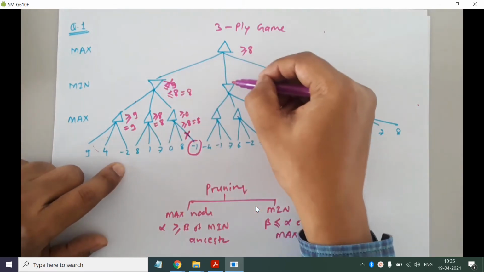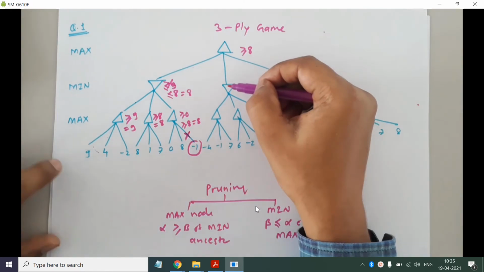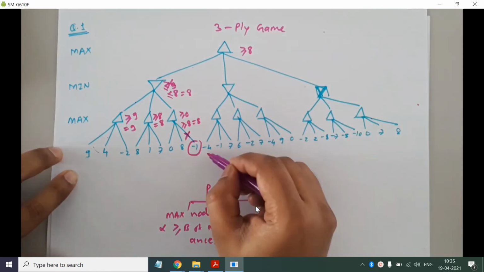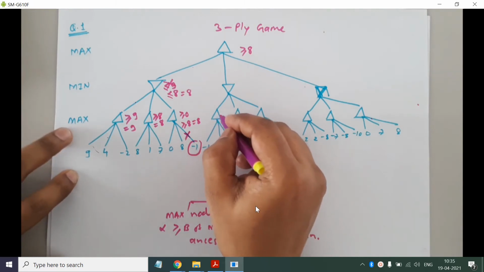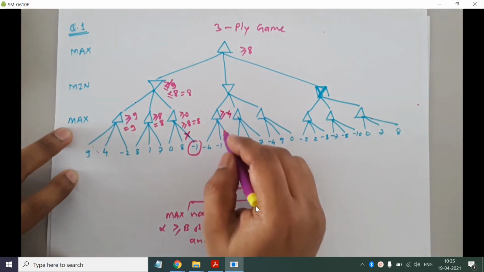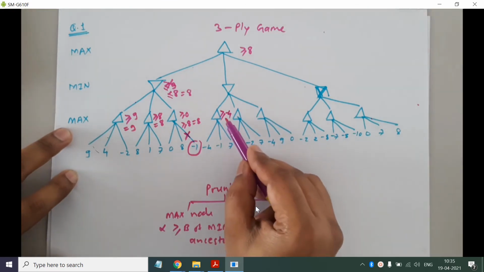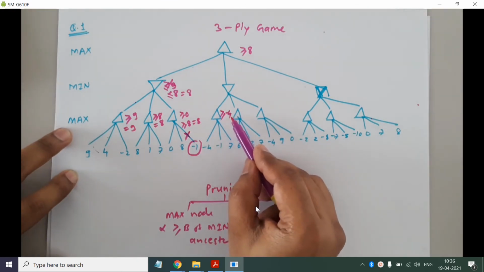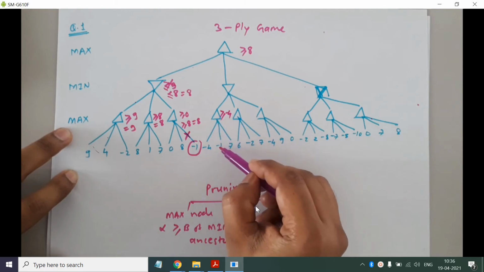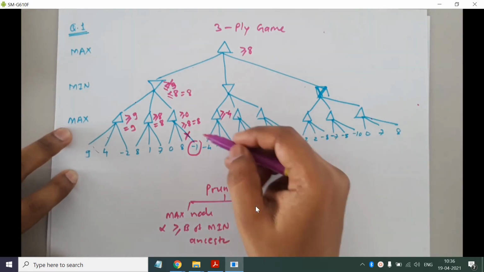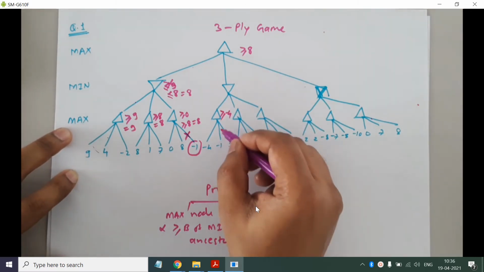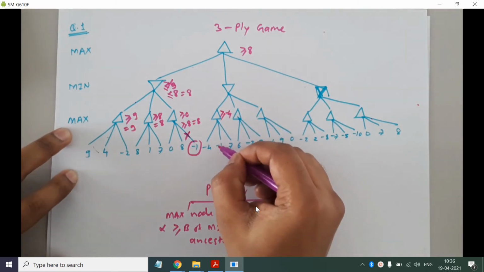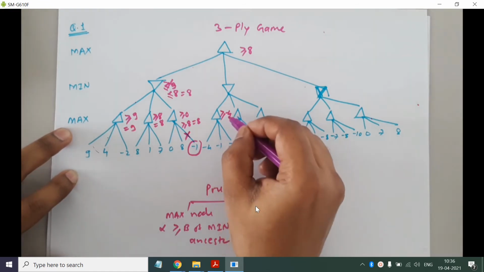Now we'll go to this branch. So come here, so we will have -4. This is a max node, so we have to update the alpha value. Max will expect a value greater than -4. Then we will visit the second branch, that is -1. -1 is greater than -4, right?